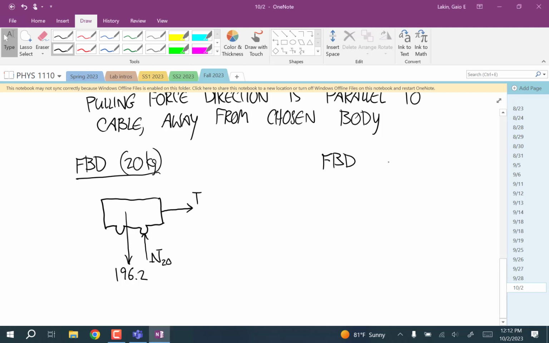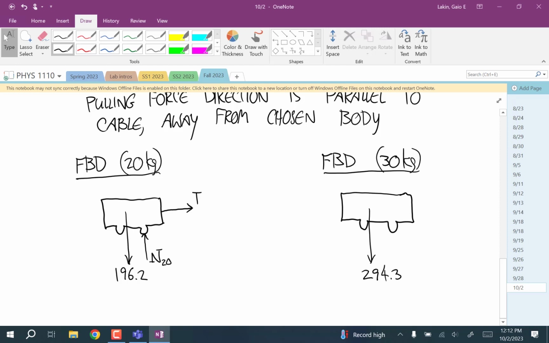Okay, and then the 30 kilogram. So first there's a weight force. 30 times 9.81 is 294.3. And then there's the 500 Newton force over here.